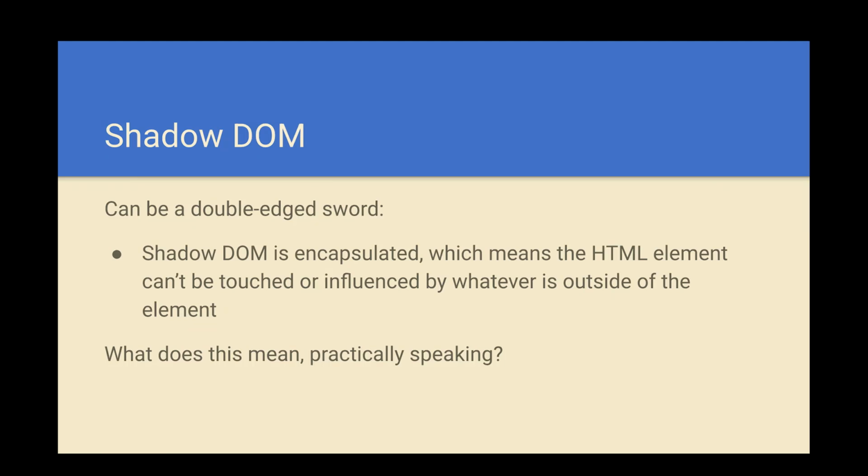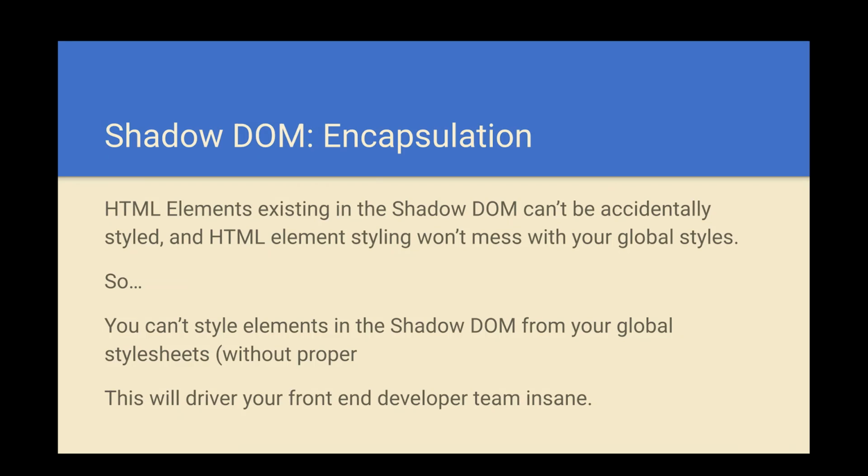Consequently, the outside elements, your global styling, can be styled and not affect your element that's contained inside the shadow DOM. So what does that mean practically speaking? They can't be accidentally styled, and HTML element stylings won't mess with your global styles. So you can't style in the shadow DOM unless you set it up properly.